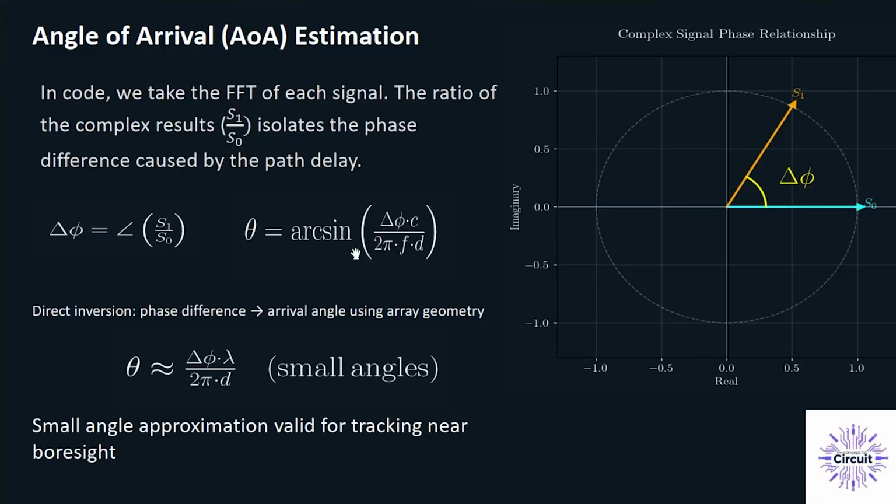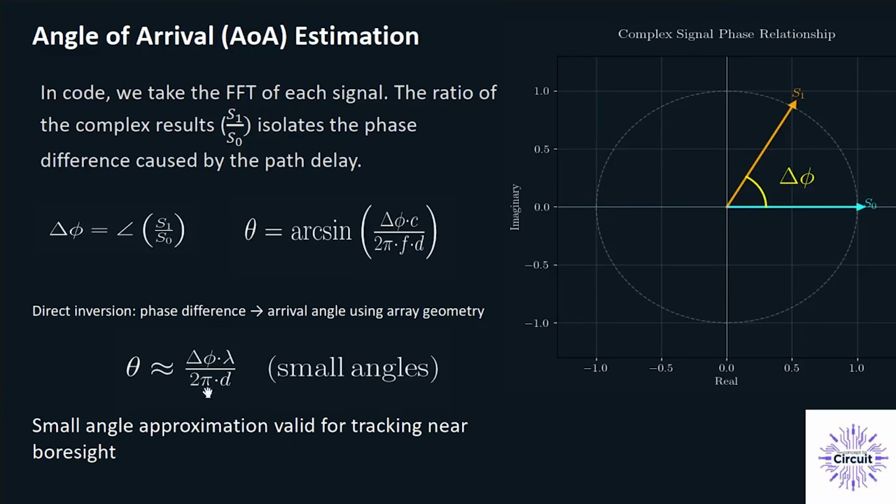For instance, sine of theta becomes equal to theta, and sine inverse of this also becomes equal to its argument. So you can approximate for small angles theta to be equal to delta phi times lambda, which is c over f, divided by 2 pi d.